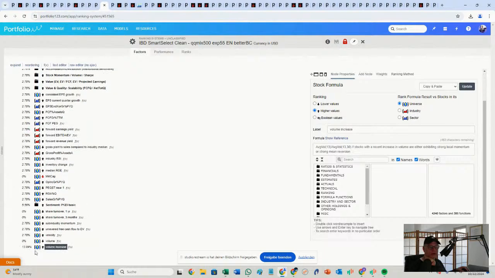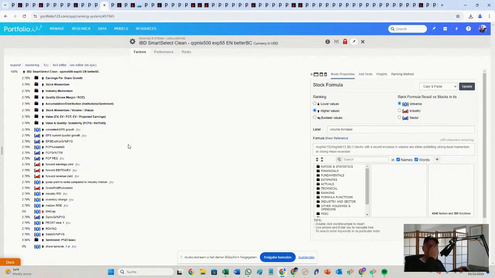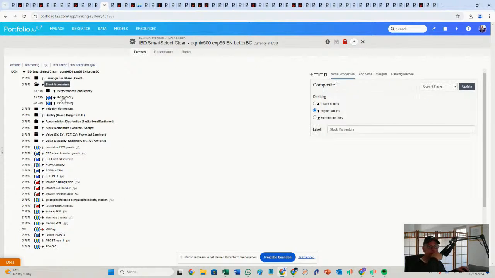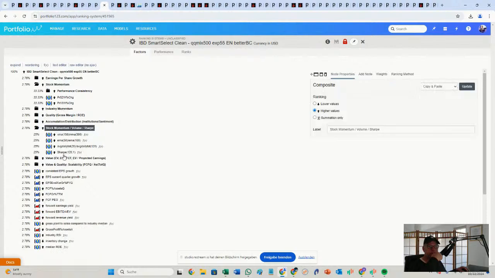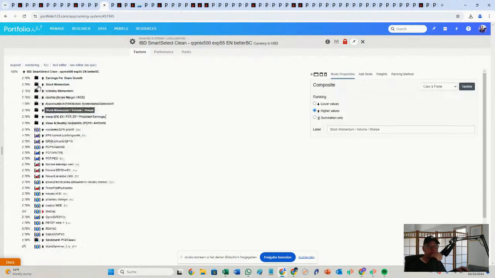Or a higher weight. Okay, so another thing is, I have a lot of stock momentum in here. I have this one in here, right? And I have this one in here, and it's pretty highly weighted. So I put that to 0 here, and nullify that.